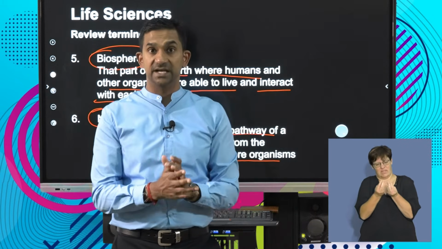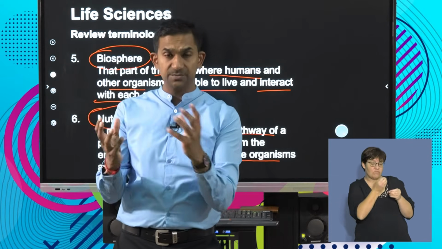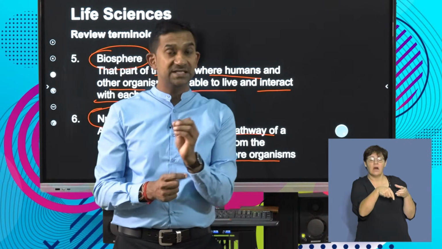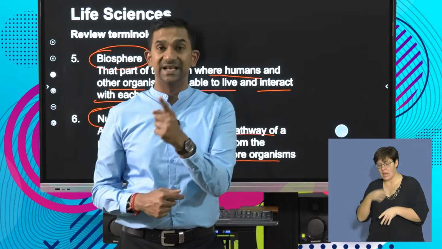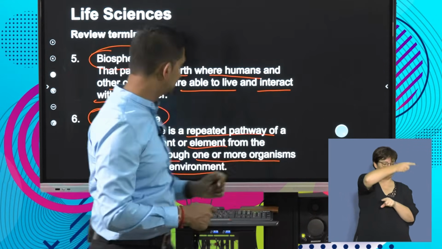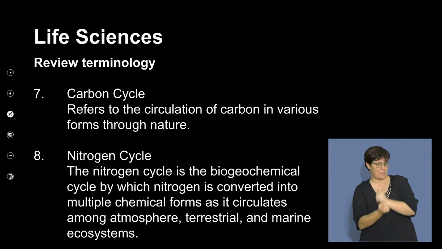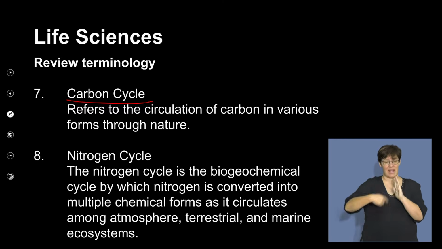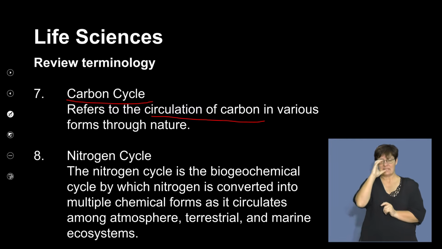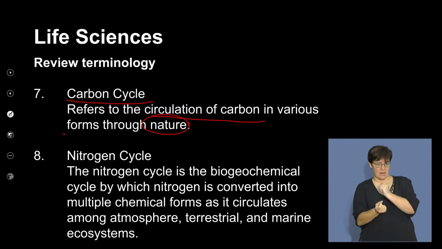In our nutrient cycles, we're going to look at essential elements, which are the building blocks of complex molecules, and how these move through the environment from one organism to the next and are cycled in that environment. We're going to pay special emphasis to the carbon cycle, which we've done in the past, but that refers to the circulation of carbon in various forms through nature. So carbon in its different forms is the carbon cycle.